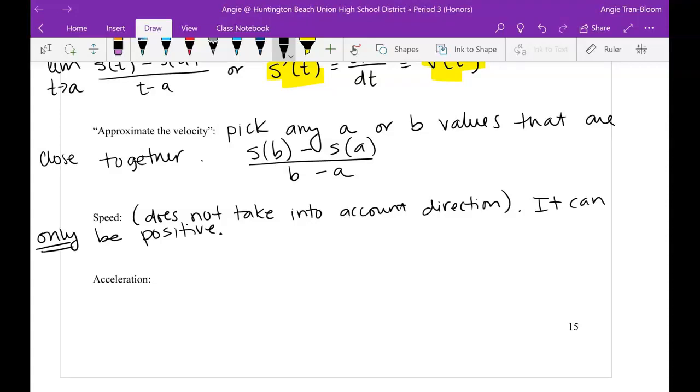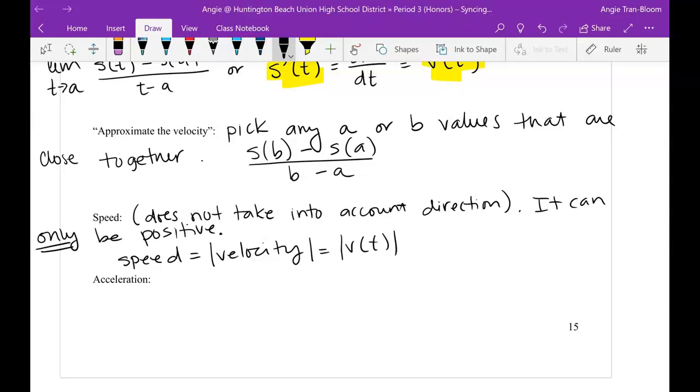Velocity can be negative. Speed can never ever be negative. So speed is exactly the same as velocity, except that it needs to be the absolute value of velocity because speed cannot be negative. And remember, v of t is the same thing as the first derivative of your position, okay? How important is this? Super important.